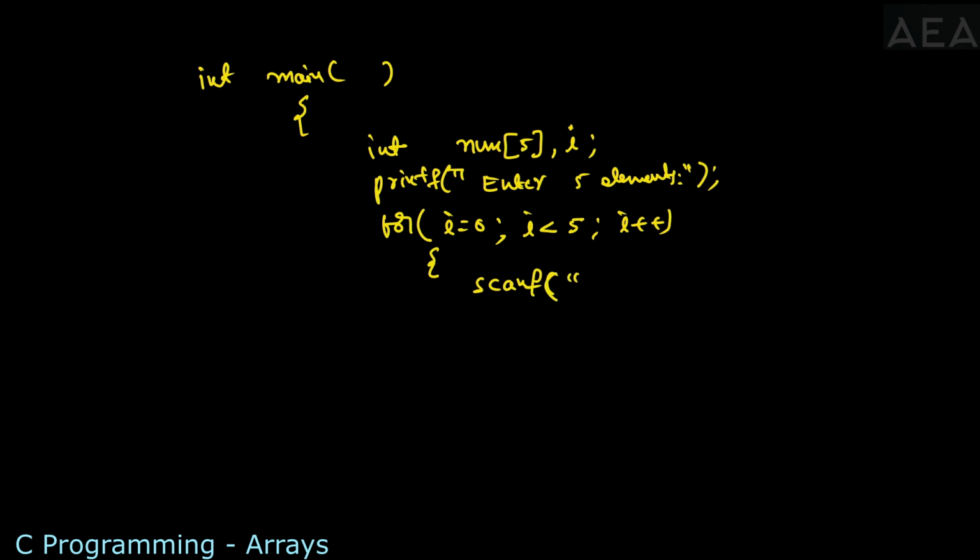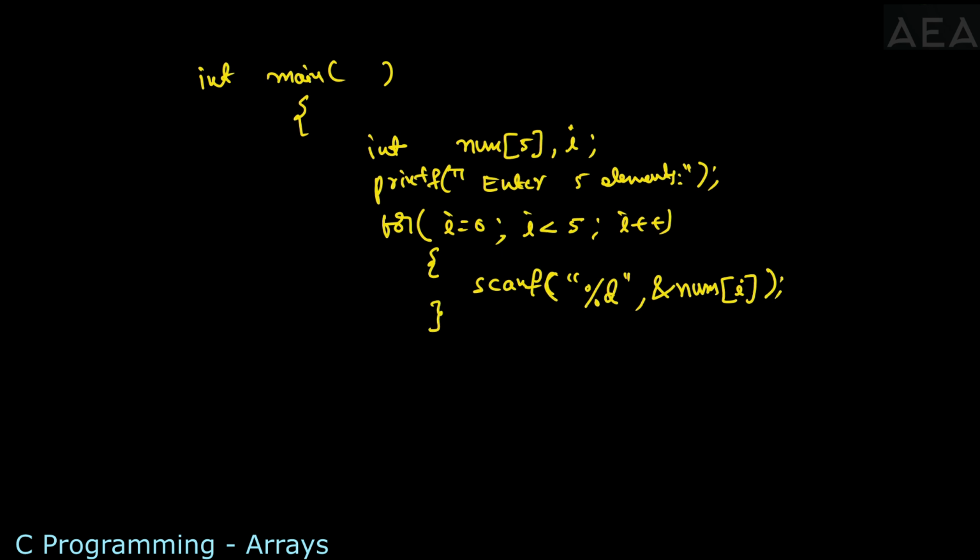Here each value is an integer, that's why I write the format specifier of the integer, that is %d, and those values have to be stored in that array. Then write the array name, num, and compulsory write the ampersand symbol because that explains the address, and within the brackets write i. Okay, this is compulsory now.